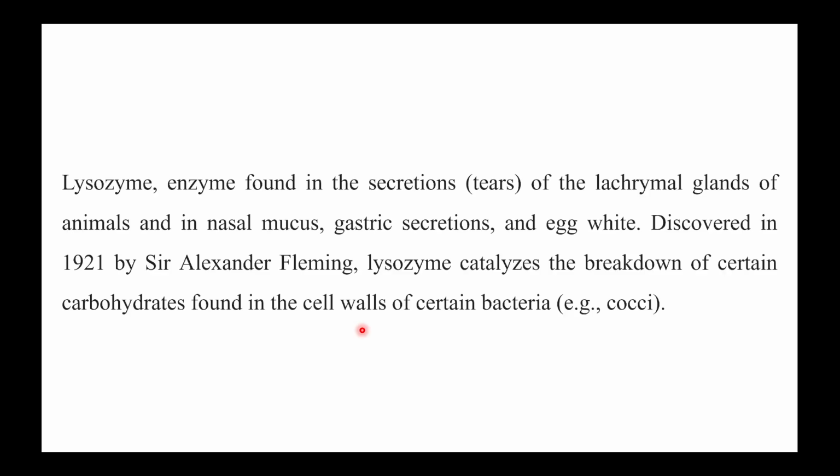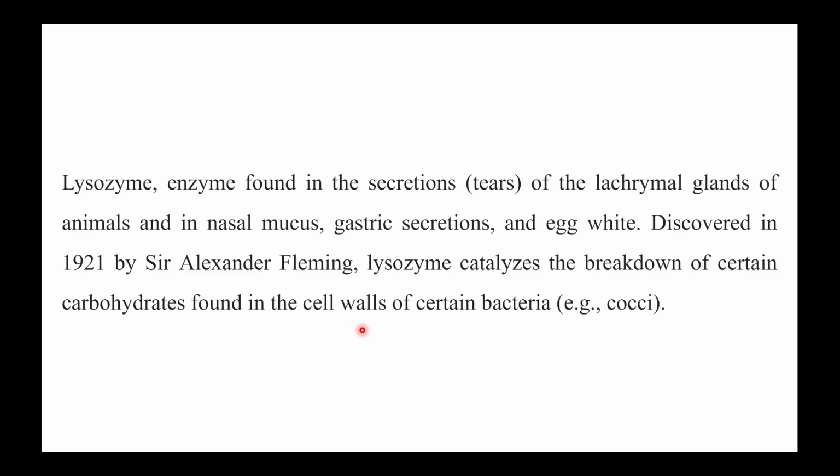Lysozyme was discovered in 1921 by Sir Alexander Fleming, and it catalyzes the breakdown of certain carbohydrates found in the cell wall of certain bacteria. So the bacterial cell wall is broken down by these enzymes.